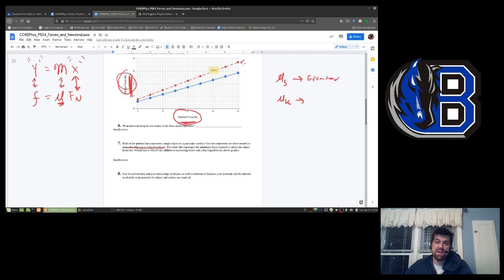So this must be the static friction, and this must be the kinetic. Use the plotted data and your knowledge of physics, as well as references found, that's a good little hint there, to identify the material.